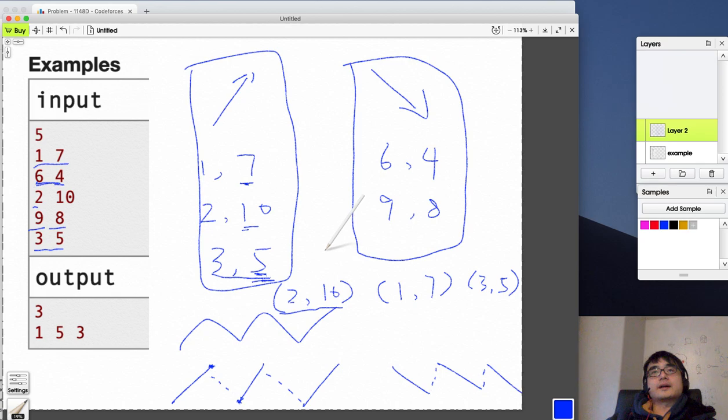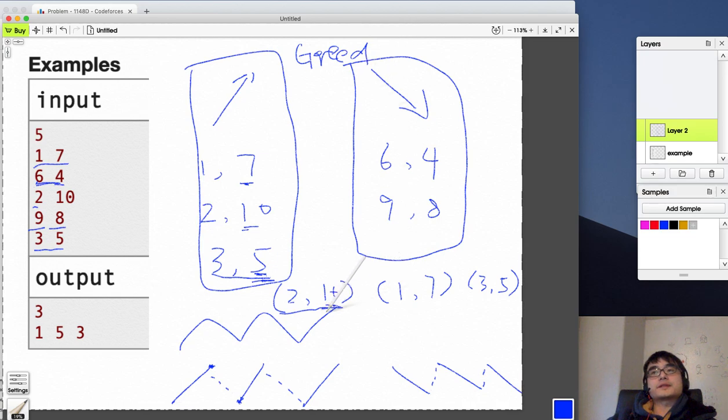So the second parts of the number pairs are decreasing, right? So we put the largest one first. It's a greedy way of solving problems, right?